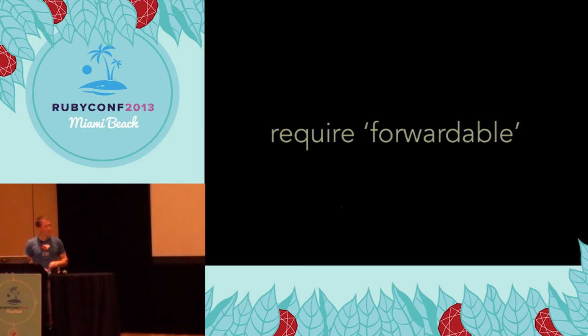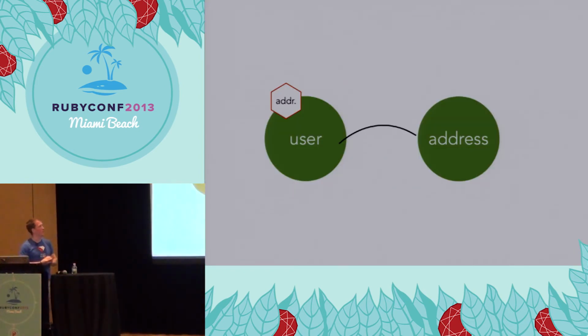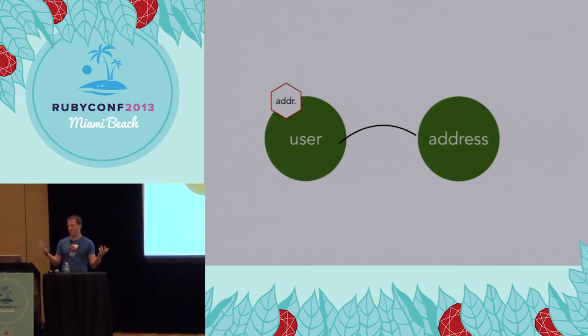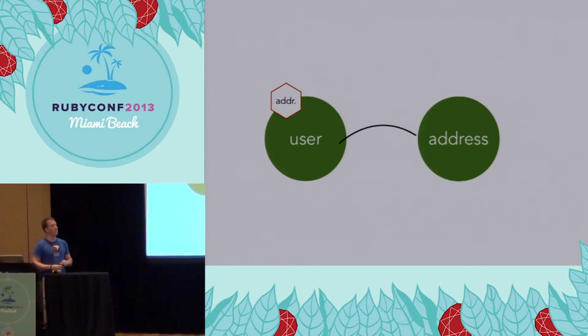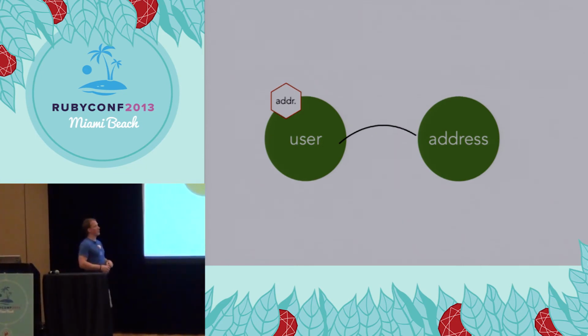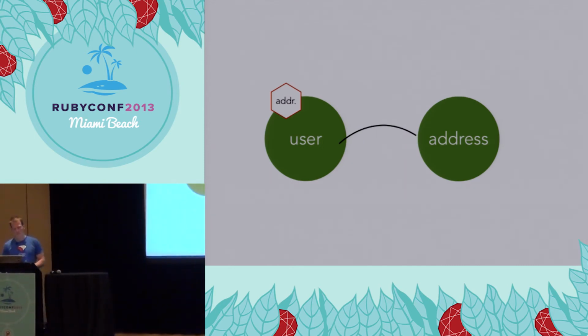All right, forwardable. I'll talk a bit about how these two are different a little later, but this is the way I see forwardable working. I've got a user, and the user has an address. An address didn't fit in the little hexagon I had, so I shortened it up.